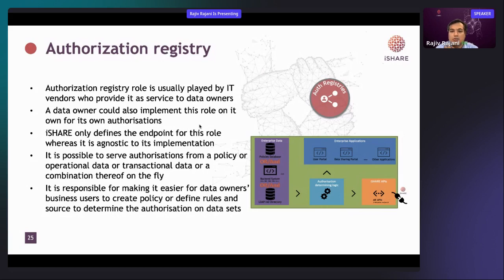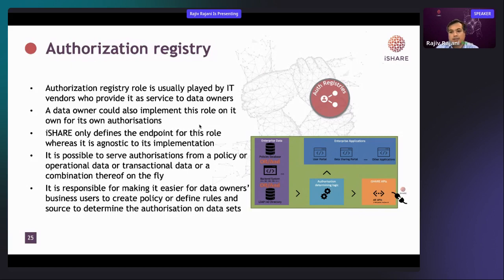But with iShare, of course, you move to attribute-based access, and the authorization registry is responsible for making sure that it translates what that role means in terms of certain attributes, whether those attributes can be accessed or not based on the role assigned to that user, for example. So all these elements are open for authorization registries to implement.